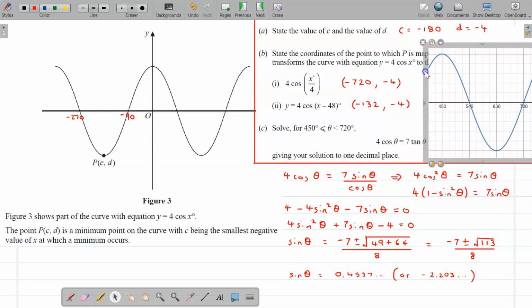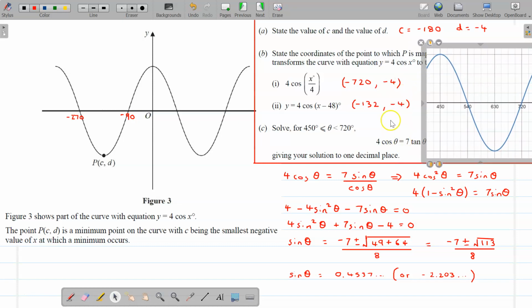If we take the principal value off the calculator, 0.45 is just, so this is 1, this is 0.5, so 0.45 is about here, and you can see if I project this right across to here, the principal value that you get off the calculator is that theta equals 26.98.